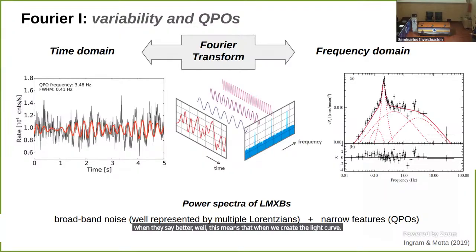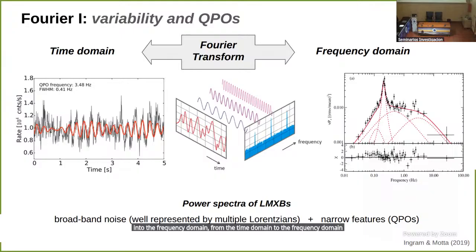So when I say very variable, this means that when we create a light curve with, as you can see, just a couple of seconds, the source oscillates a lot at many different frequencies. So one usual way of studying this is to convert this information, which is essentially aperiodic, from the time domain to the frequency domain.